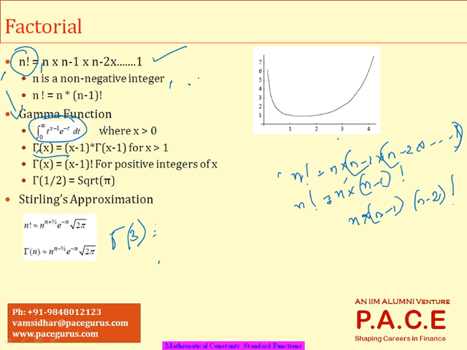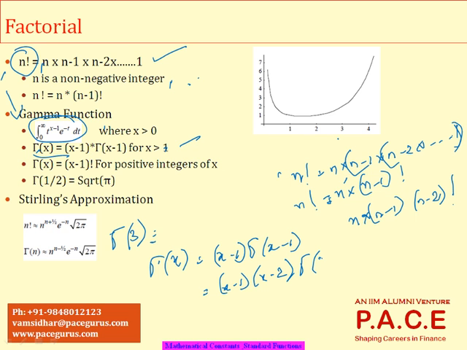Always write it as, so the general form is gamma x is equal to x minus 1 into gamma x minus 1. Applying the same formula again, x minus 2 into gamma x minus 2. What you are seeing here is x minus 1 into x minus 2 into x minus 3, and so on.